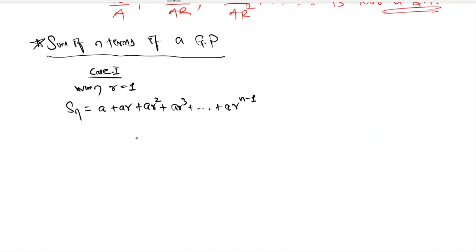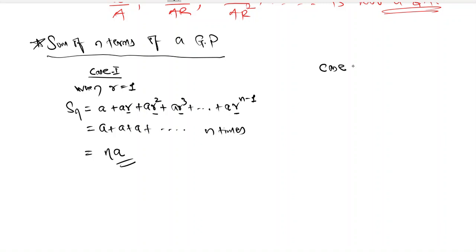Right? Now if you make R 1 in all the terms, 1 raised to anything will give you 1. So that is nothing but A plus A plus A plus A plus A. How many times? N times. So which is nothing but n multiplied by A. So remember, sum of n terms of a GP when R is equal to 1 is n times A, n multiplied by A.